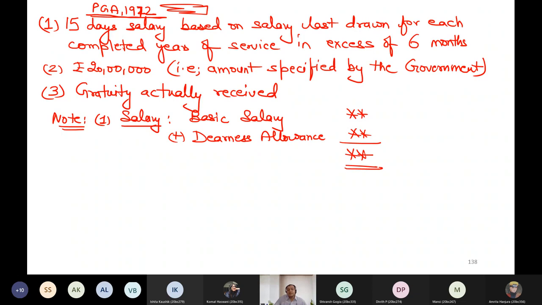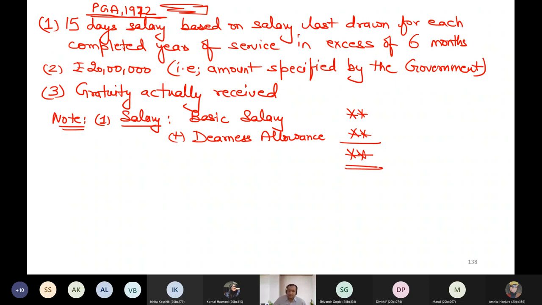This is the salary only for computing exemption of gratuity in case the employee is covered under the Payment of Gratuity Act. Don't use this definition of salary for every purpose. Since you are reading the act, you must know that the act is very specific. You cannot apply everything everywhere. So this is the meaning only for this purpose.